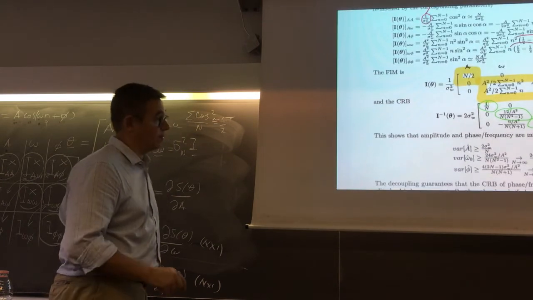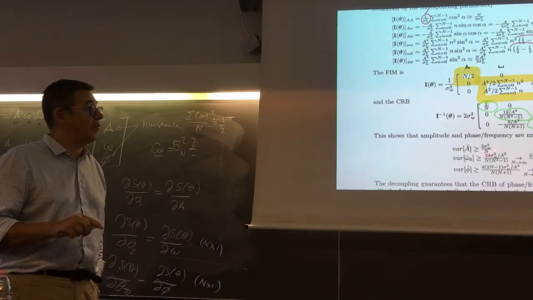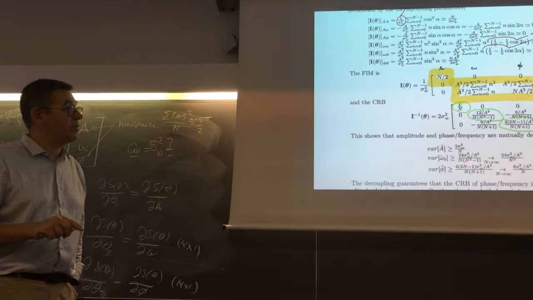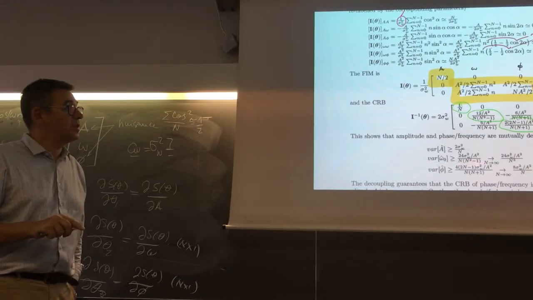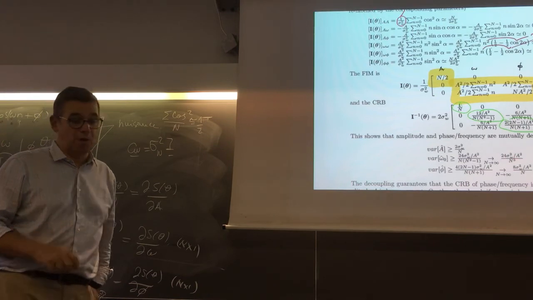About the frequency. The variance of the frequency is 24 sigma squared over a squared times n squared minus 1, which for very large n makes this a simple formula.